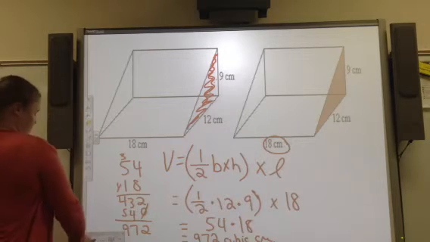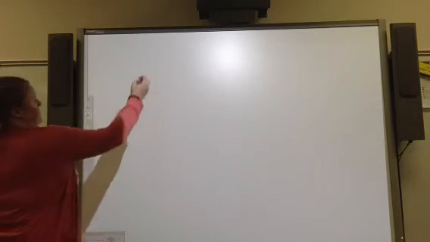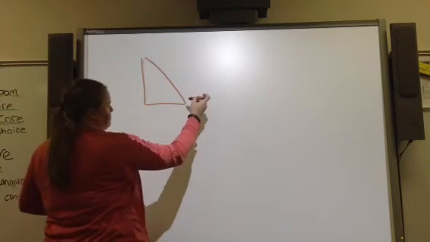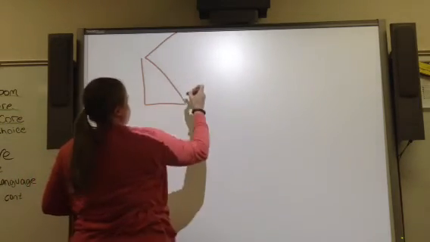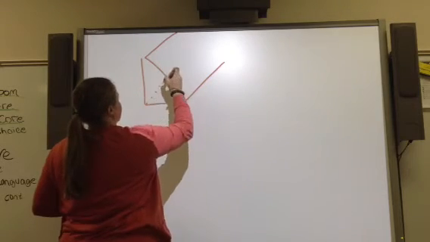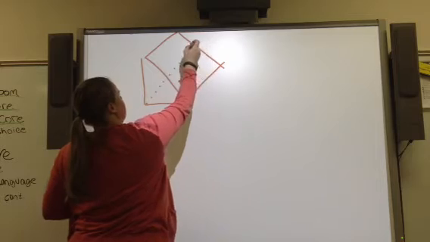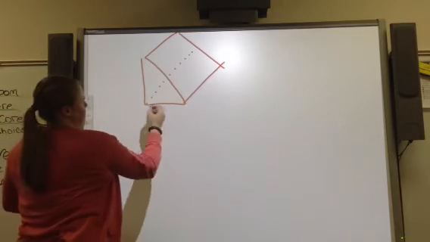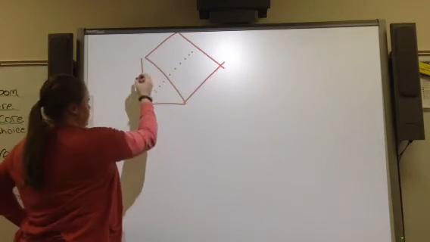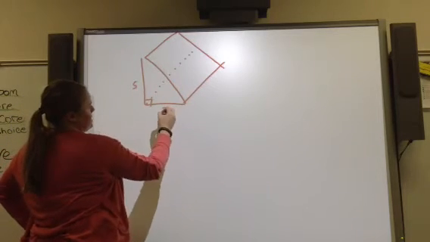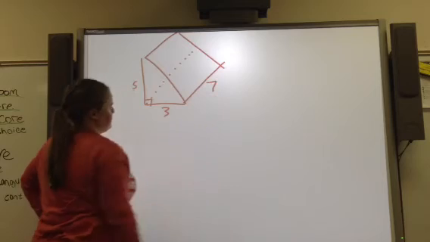So let's do another one. If I had my triangular prism going all the way back, and in my right angle, my height is, let's say, 5, my base is 3, and my length is 7.